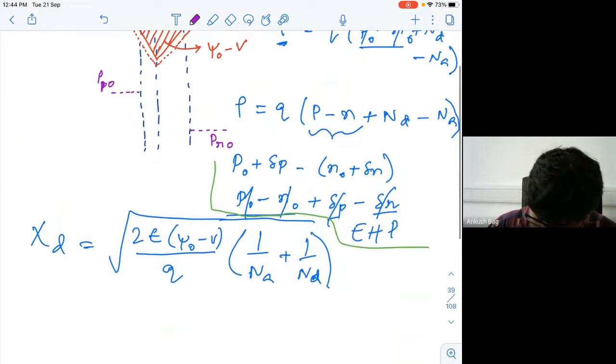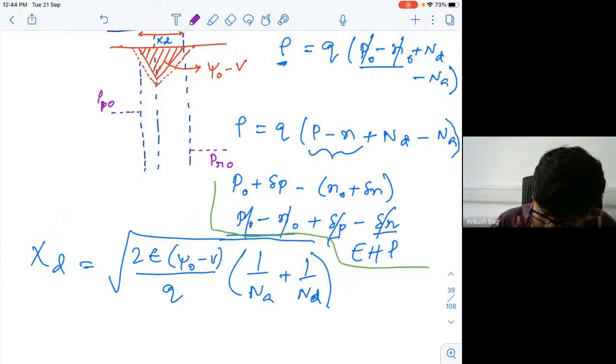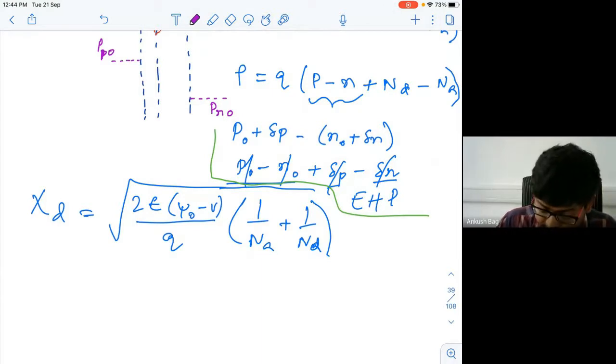Maybe I will erase this. This is Pn. Okay, now this Boltzmann approximation. So Boltzmann approximation, in the last class we have seen. So this Boltzmann approximation is coming from that Fermi-Dirac distribution concept.